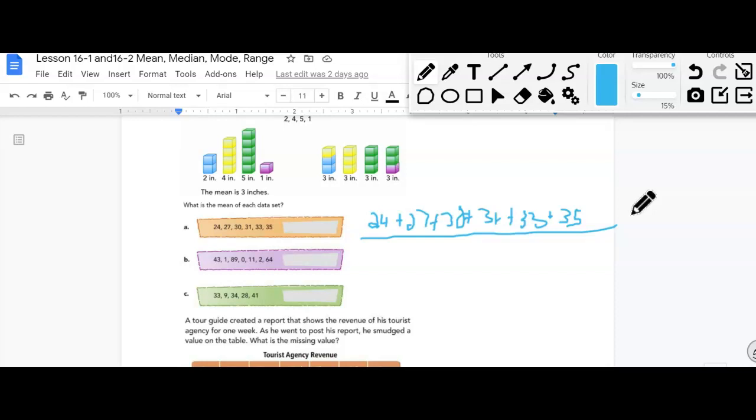Yes, you will be dividing it by 6 because we have 1, 2, 3, 4, 5, 6 numbers. So when we add up all those numbers, 24 plus 27 plus 30 plus 31 plus 33 plus 35, we get 180. Divided by 6 gives us an answer of 30.